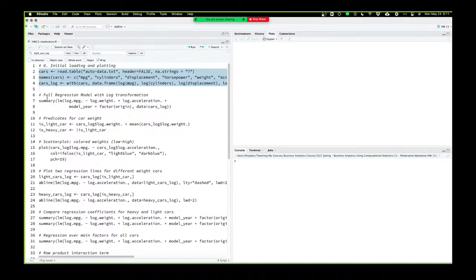There was a similar question about mean centering elsewhere. But I do have a question here: when I define light cars and heavy cars, should I look at the mean of the original car weight, or should I look at the mean of the log weight?